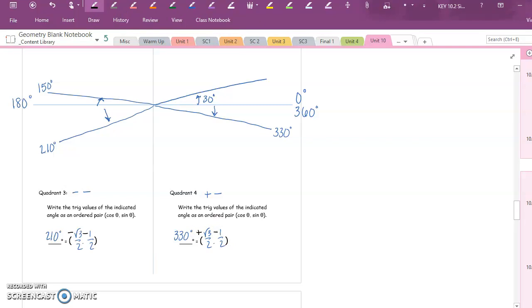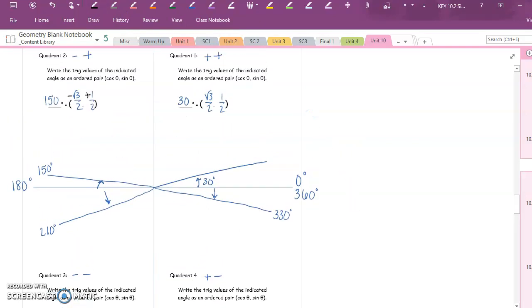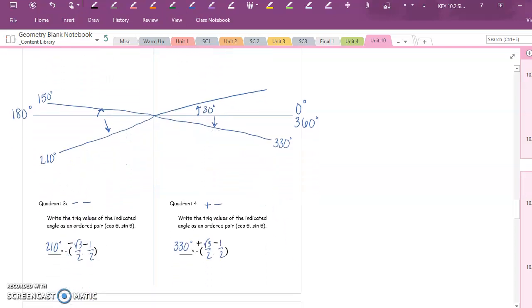Okay. So you notice all of my angles that reference 30 degrees stay right along the x-axis. And they all have the ordered pair root 3 over 2, comma, 1/2. But depending on the quadrant determines the symbols.